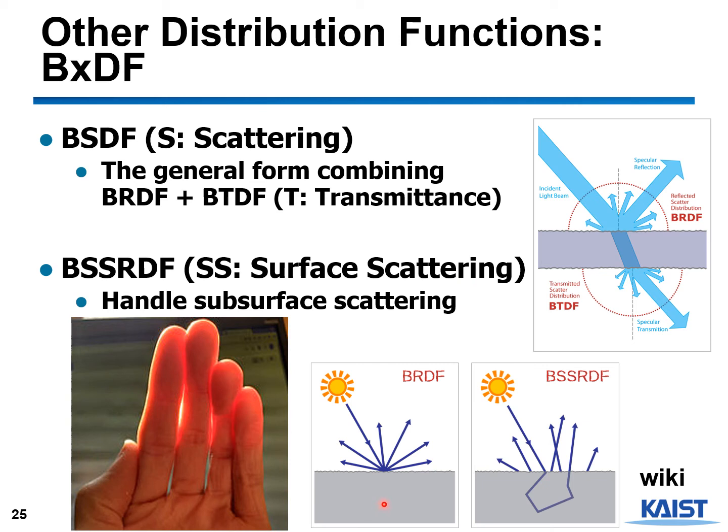So far, with BRDF, we receive energy from here in direction X, and we assume that the material reflects energy at that same location X. But if you look at human skin, when it receives energy, the energy passes through and bounces here and there within the internal structure, and then it is emitted at another location, let's say Y. For this kind of material, we say this is subsurface scattering, which is a much more complicated function than BRDF.